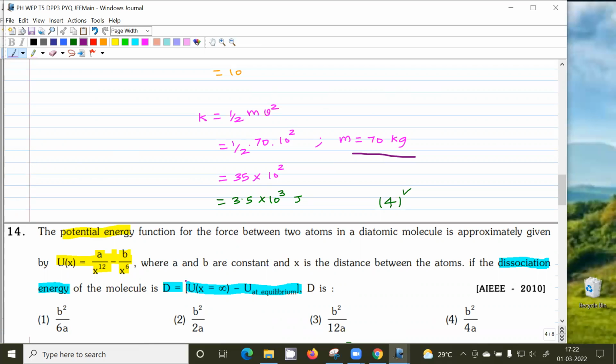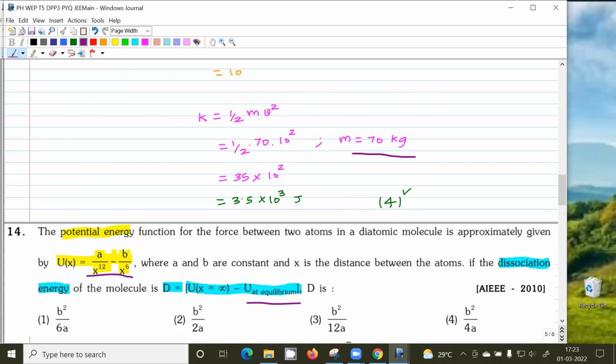So we have to find D, where D is u at x equal to infinity. At x equal to infinity, what is the value of u? 0. So you just have to find u at equilibrium. So you have to find the x at which it's at equilibrium. How do you find that x? Equilibrium is net force is 0, no? And how is force related to u? Gradient, no?